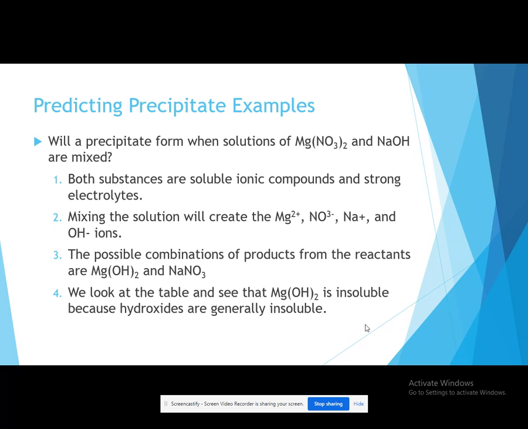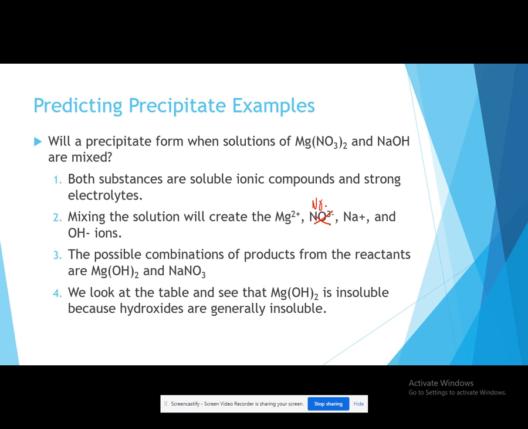So here's an example. The question says, will a precipitate form when solutions of MgNO3 and NaOH are mixed? Both substances are soluble ionic compounds, and both of those are strong electrolytes, so they will dissociate into their ions. So over here, I've split them into their ions. Mg has a 2+. This one was written incorrectly.